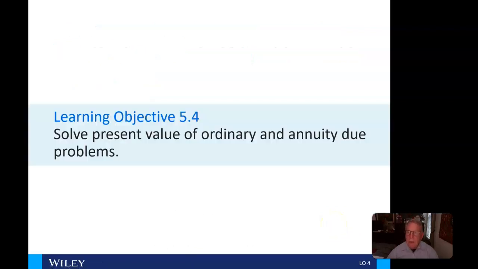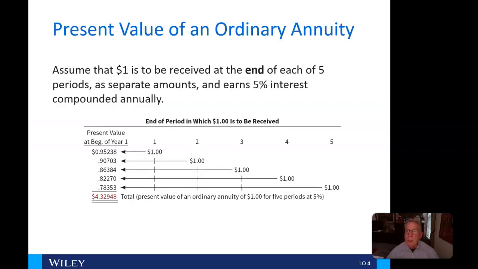Okay, let's take a look at solving present value of an annuity and an annuity due problems. Here, we're going to assume that the dollar is received at the end of each of the 5 periods as a separate amount and earns 5% interest compounded annually.